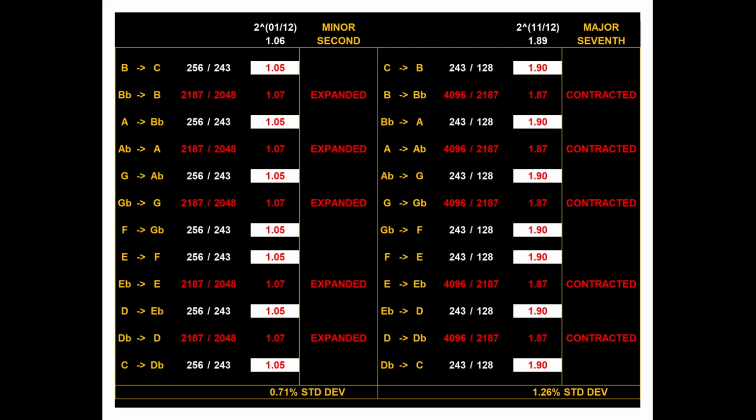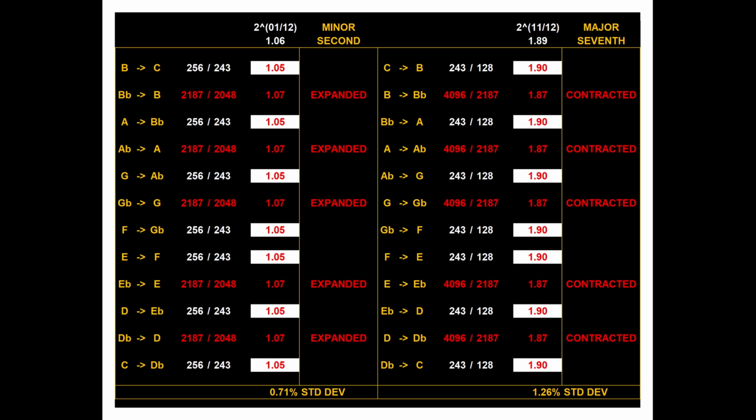We can look at all the values for the minor second generated by Pythagorean tuning, and we get a relatively small fraction, 256 over 243, and it occurs 7 times. So the smaller fraction occurs the most number of times. I refer to that as the dominant fraction, or the default fraction, or the primary fraction.